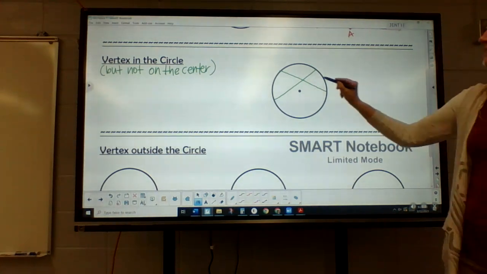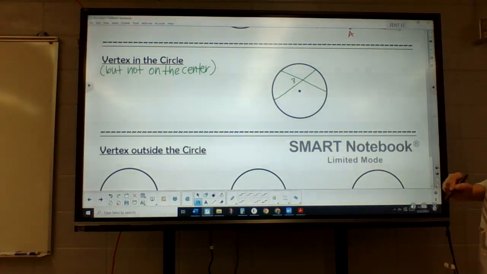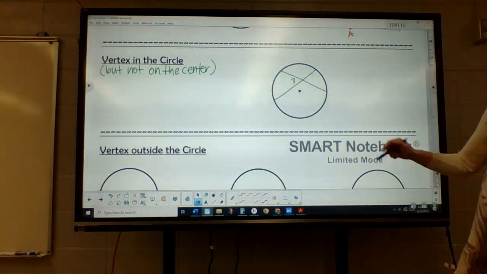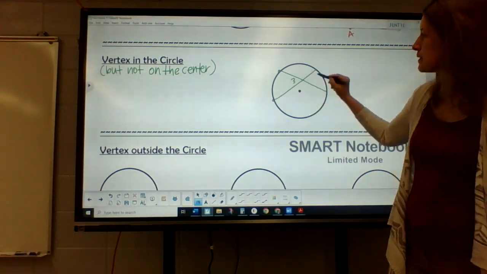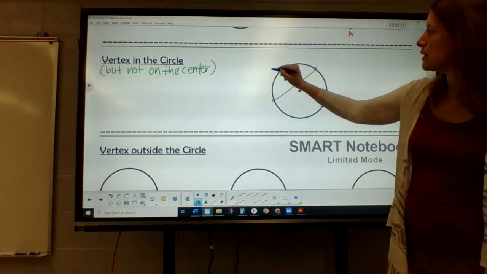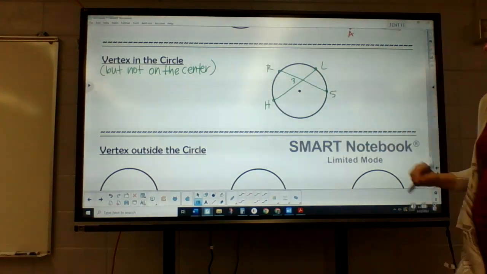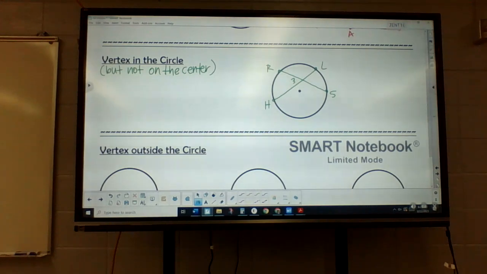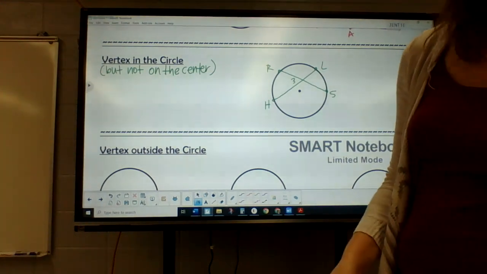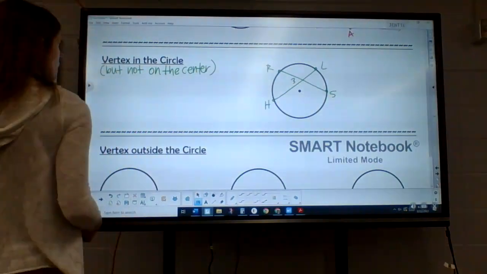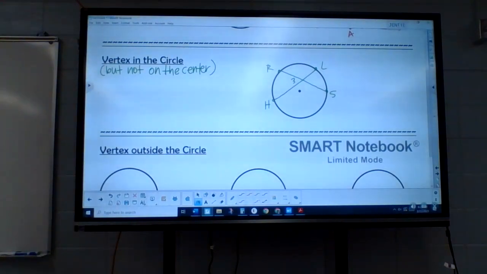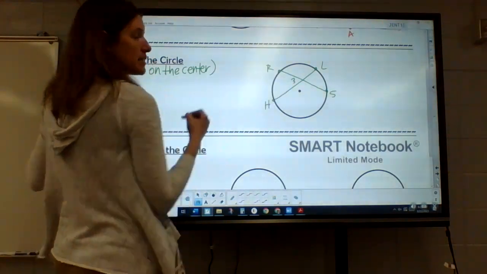And I'm going to call this angle 3 that we're going to try and find. I'm going to label these R, L, H, S. I don't want to use the same letters in every example, so just try to come up with some different ones here. So this one's not on the center. So angle 3 is not just the same as that arc.